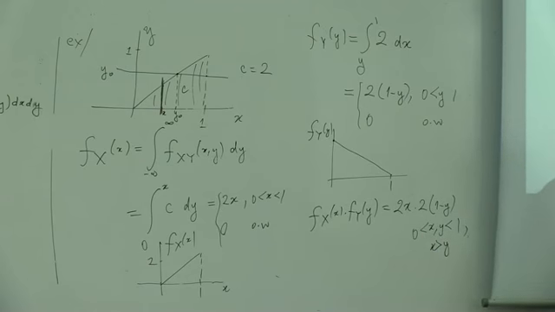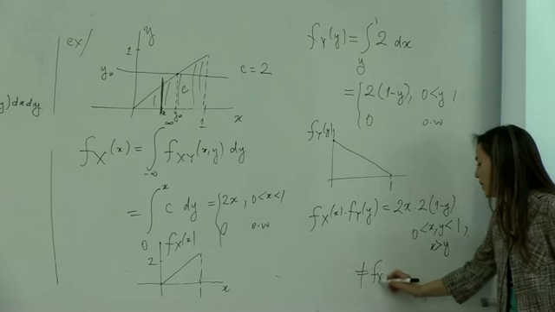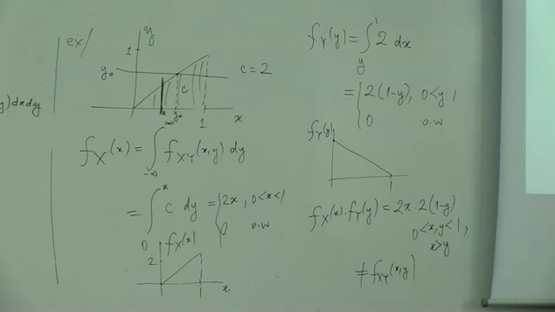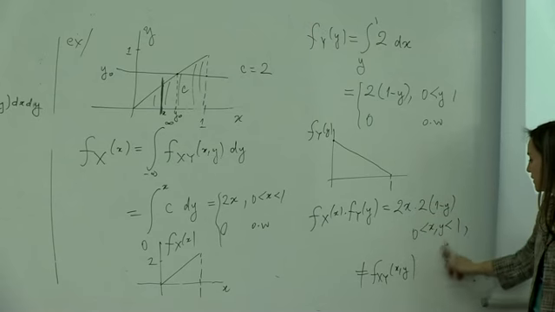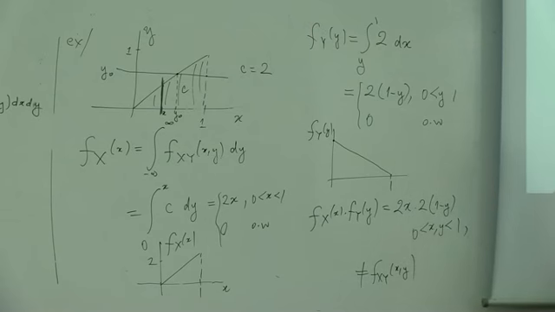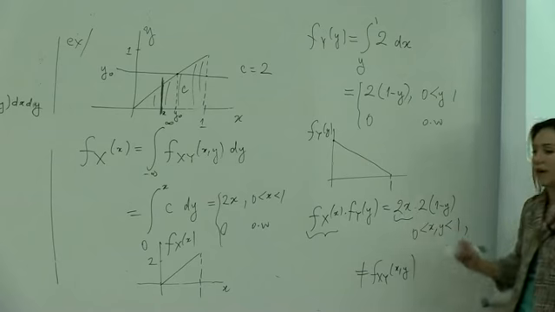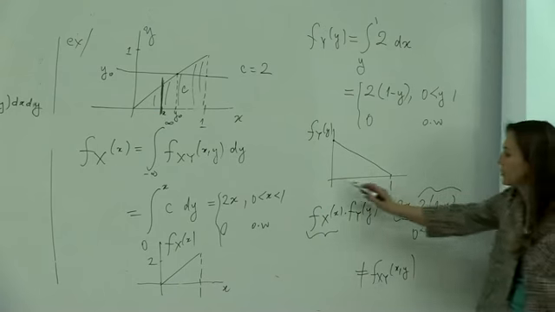This is the product of the marginals, and this is not equal to f_XY of x and y. In fact, when we do this product, we don't have this additional condition, because the first function is valid for any x between 0 and 1, and the second function is valid for any y between 0 and 1.